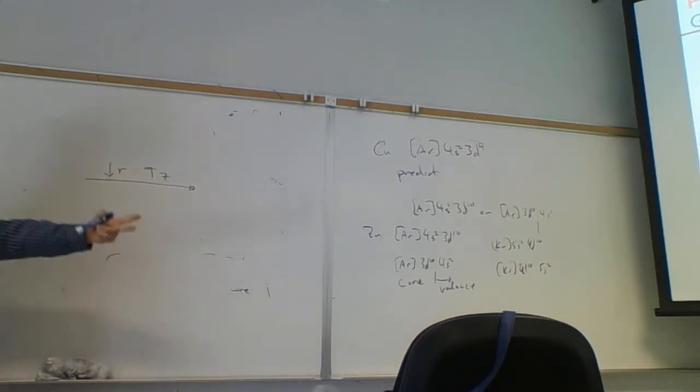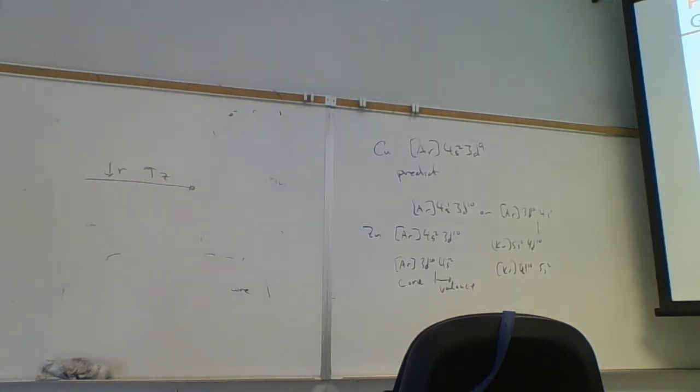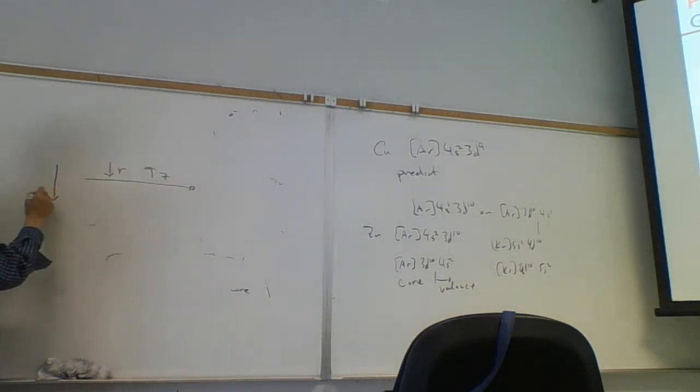So Z is going to pull in the electrons in that shell closer. As we go down, the size increases because we're adding shells. N increases. And so each additional shell is another N. 6th shell, 7th shell, whatever.